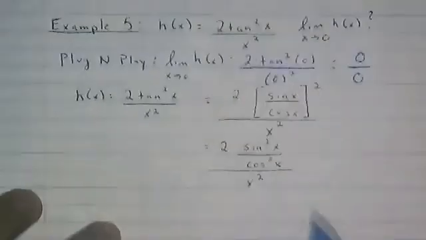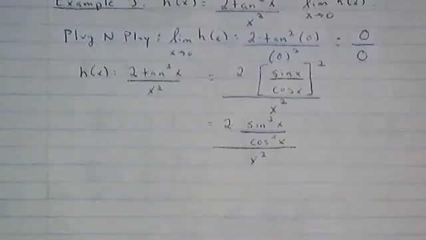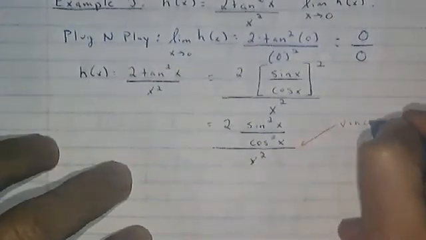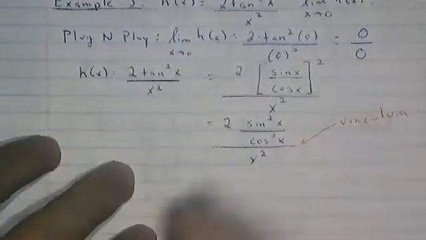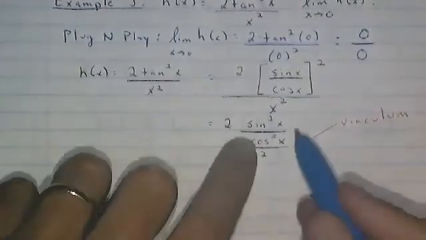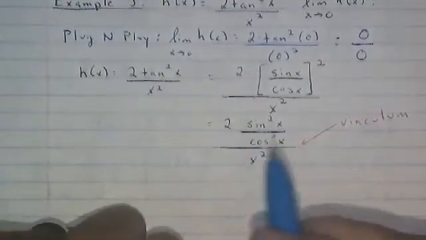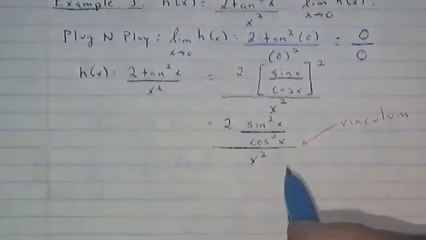And this should be making you physically uncomfortable that we've got double vinculi. We know what the fraction bar is called? It's not called a fraction bar, it's called a vinculum. Everybody say vinculum. V-I-N-C-U-L-U-M, vinculum. And we don't like 2 vinculums in one expression.